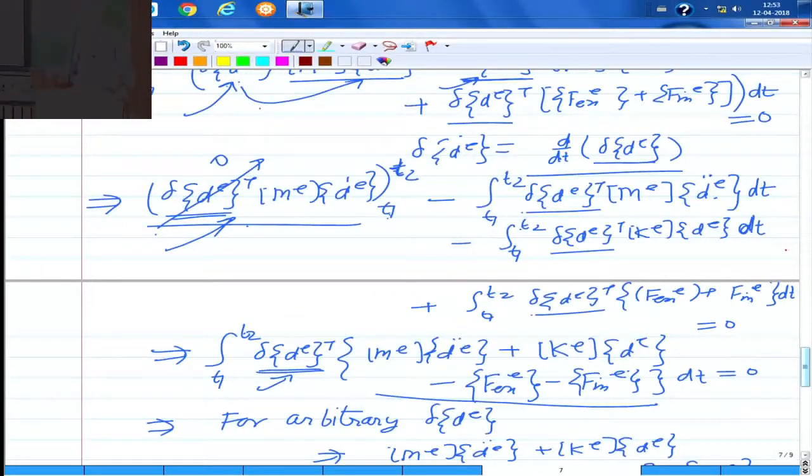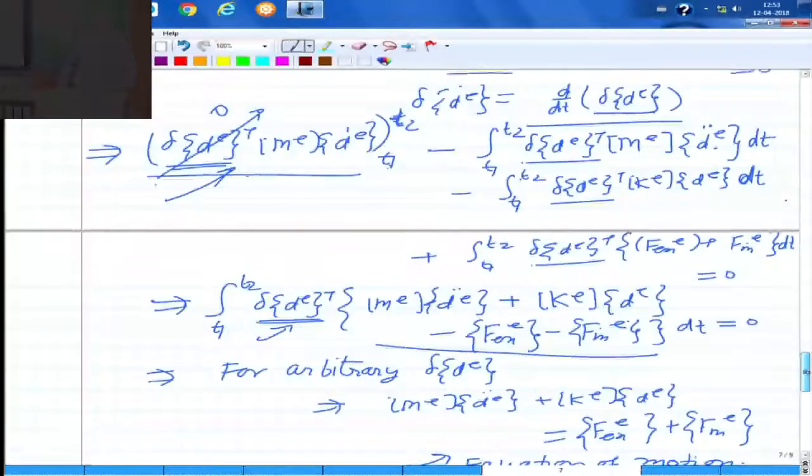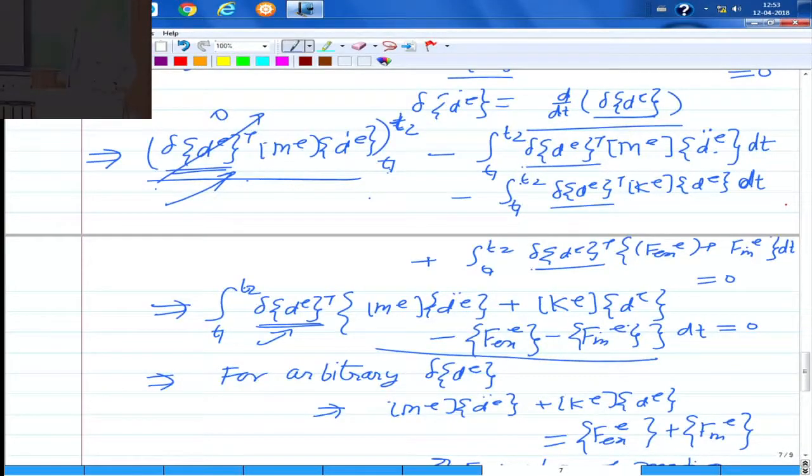You start from wherever you start, you come back to that, and in that context you know the configuration of the system at t1 as well as at t2. But for the purpose of developing this equation, we say that we know dE at two time instances t1 and t2. Most of the time, in problems we solve, we start with an initial configuration. That is what we know.